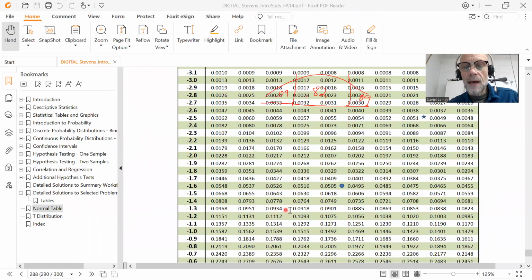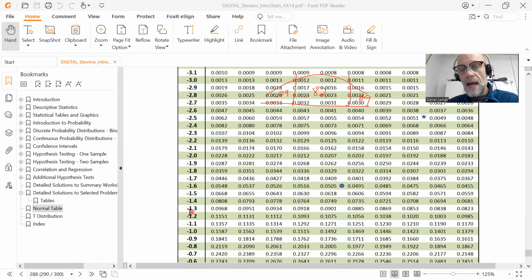This 0.09, that's pretty darn close. I'm just trying to do it the way these textbooks think. This Z-score won't be quite big enough because we want the tail to be 0.09, and the tail is actually 0.091. So we've got to slide down and do the next one down.